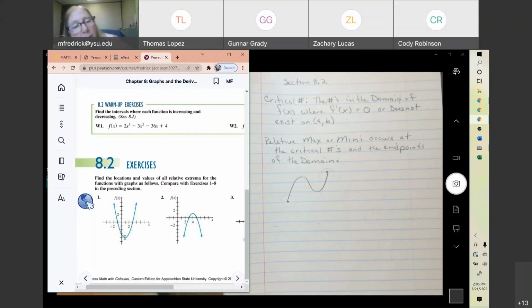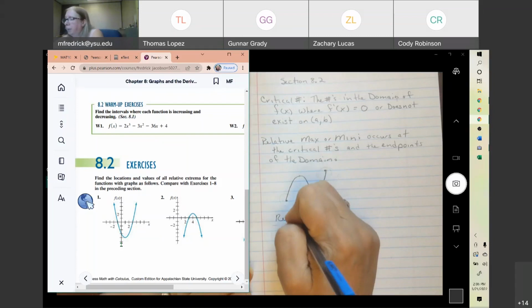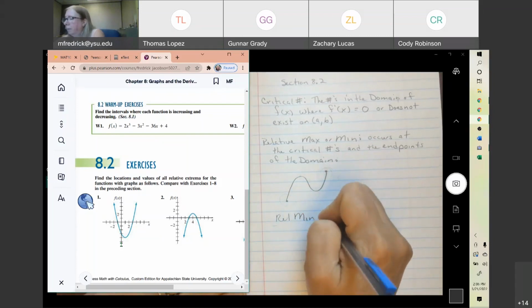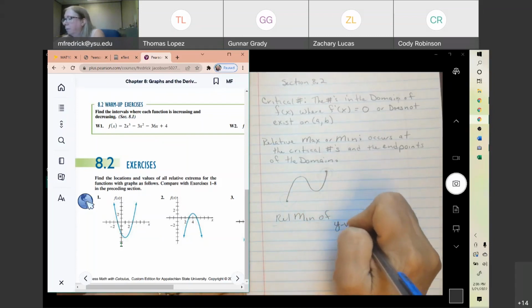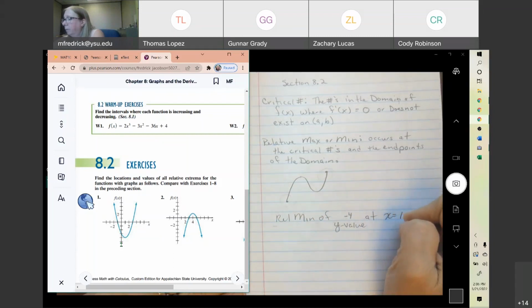So right here at this value, we would have had a critical value. And it looks to be at 1.5. And the low value is at -4. So there's a relative min of -4 at x equals 1.5.